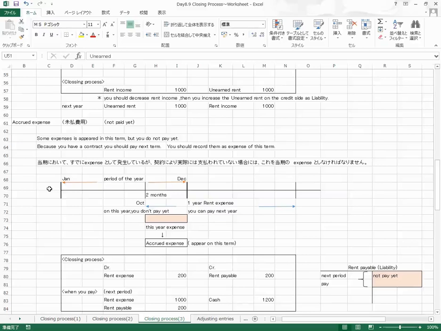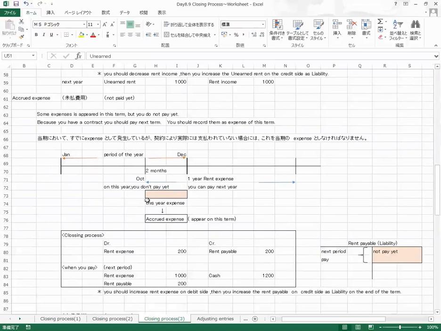You should record them as expense of this term. In the period of the year, January to December, this year you don't pay yet, for example, rent expense.